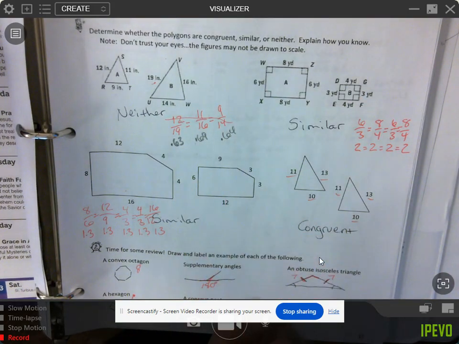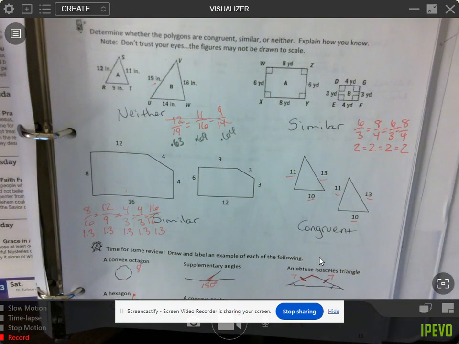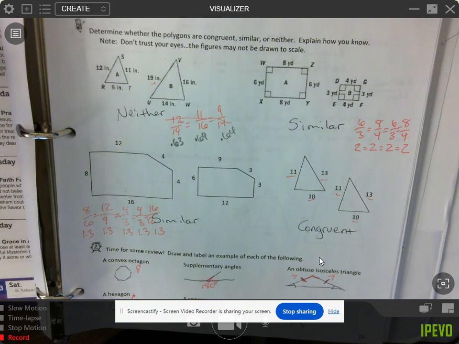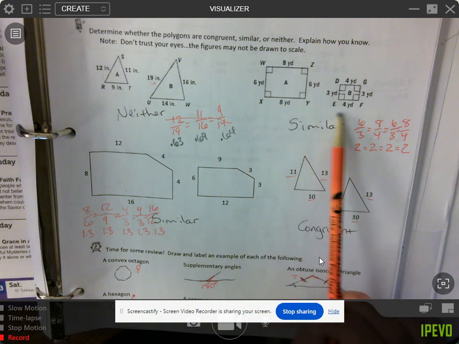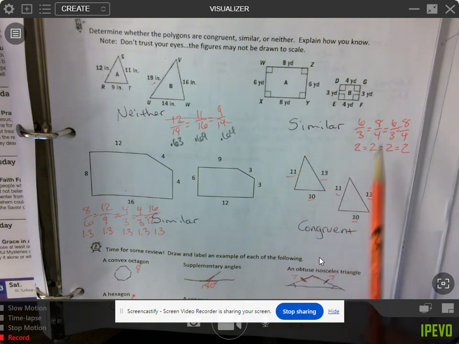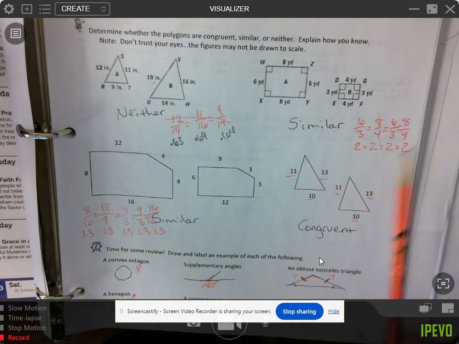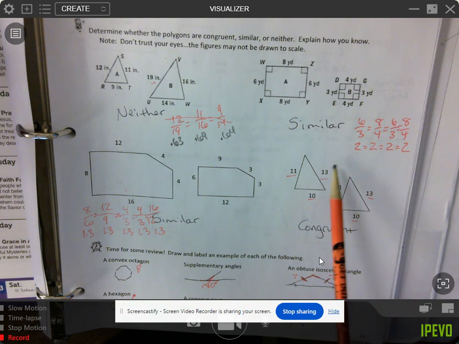They're not proportionate. I'm not dividing them by the same number or multiplying by the same number. For the second one, they are similar because when I divide them down, each of those sides, they all divided down to 2. So they are proportionate because they're dividing down to that same number.